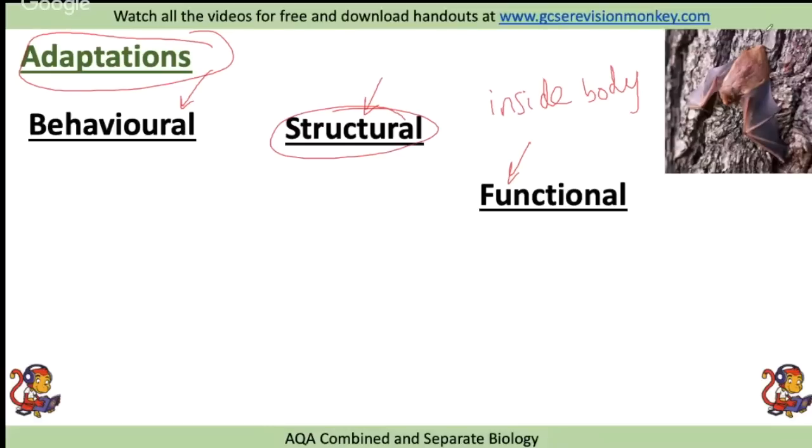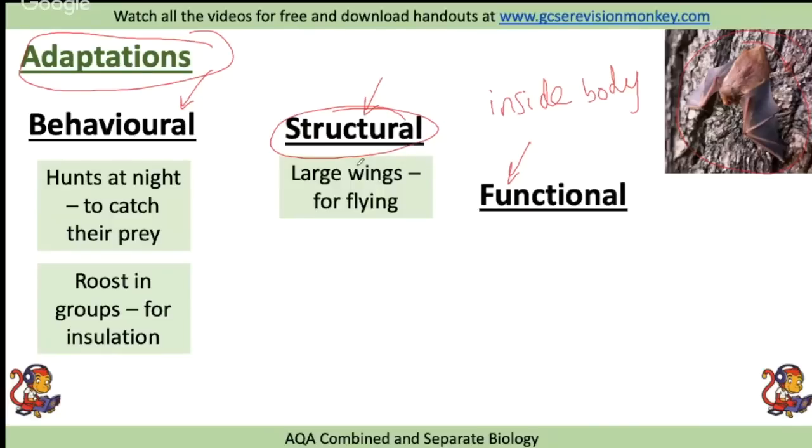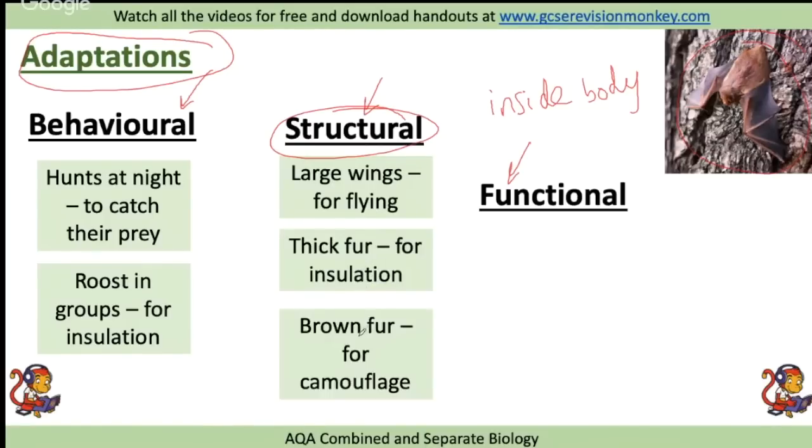So for example, if we take this bat here, we could talk about behavioural. It hunts at night to catch its prey. It roosts in groups, for example, for insulation. You don't need to get this specific example down, but I'm just showing you how you could answer this type of question. Structural, that's what it looks like. So large wings for flying, thick fur for insulation, brown fur for camouflage.